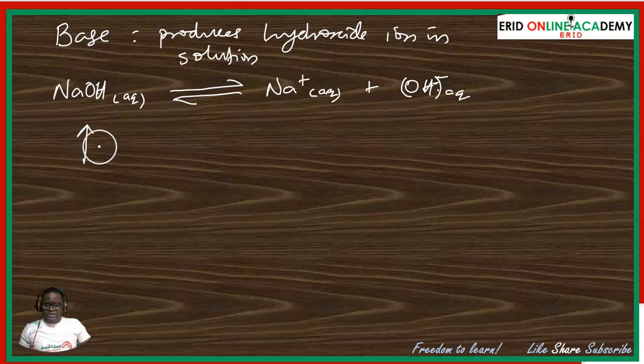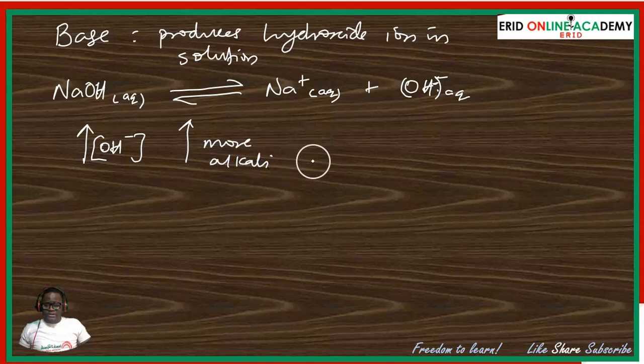The higher the hydroxide ion concentration, the more basic or the more alkaline the solution will be, and the higher the pH of the solution.